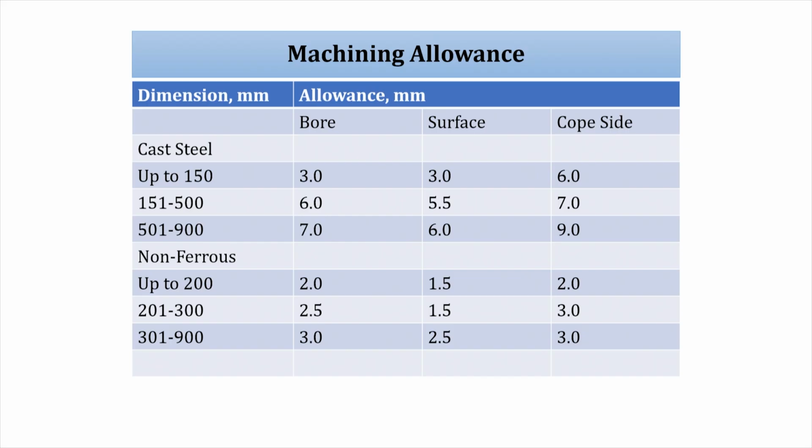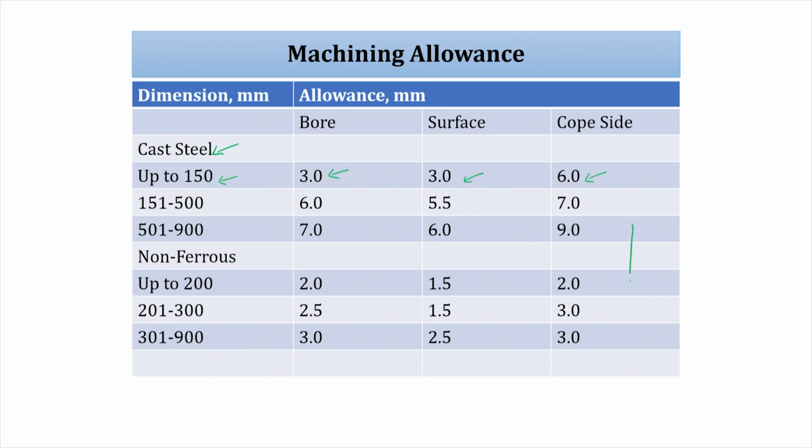So, based on foundry practice, these are the dimensions for materials like cast steel, steel based materials, ferrous alloys. If your dimension is less than 150 mm and you are making a hole, then the machining allowance will be 3 mm. Surface allowance on any surface is 3 mm, and on the cope side it will be 6 mm.